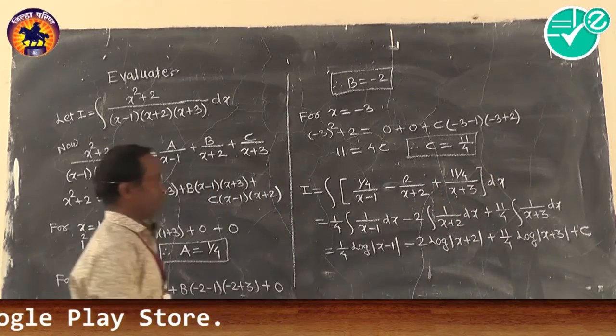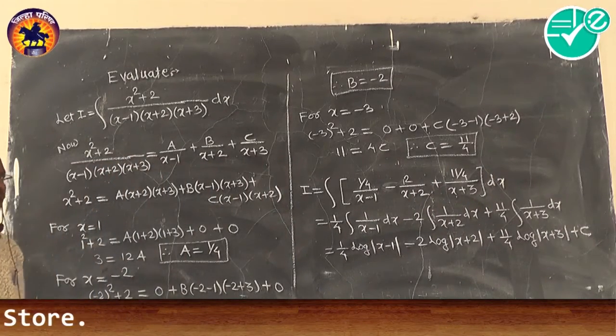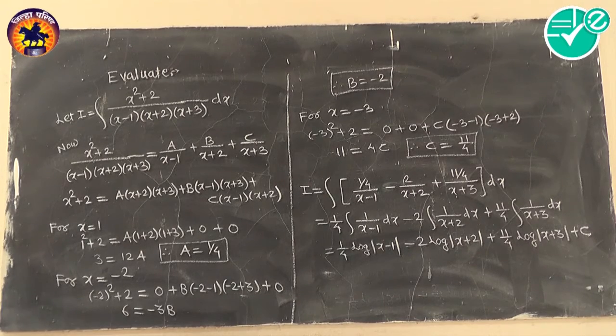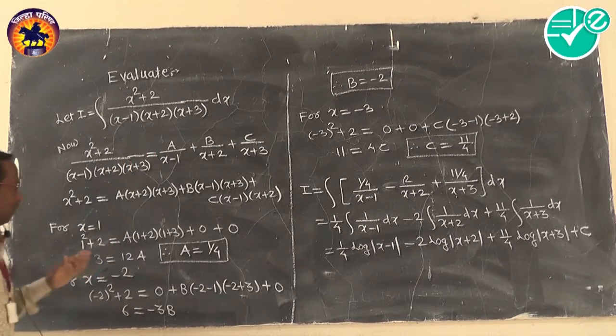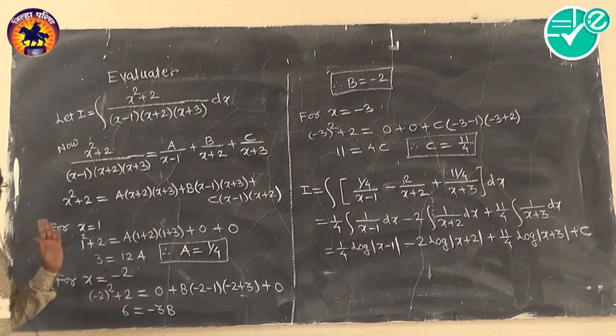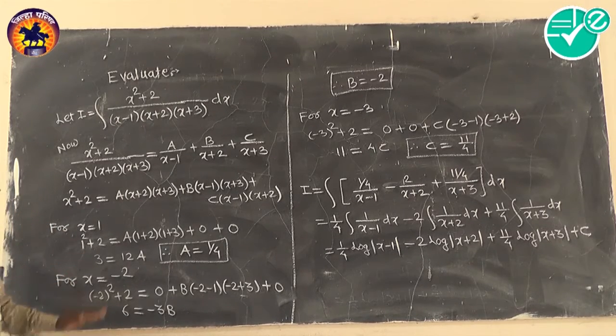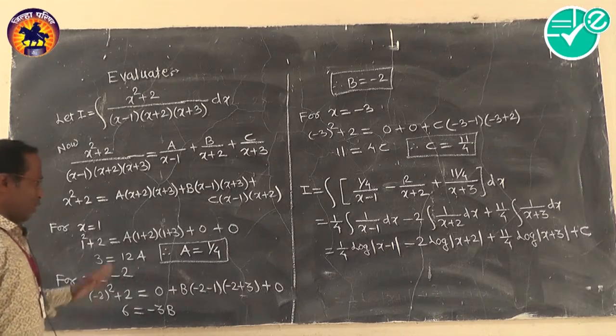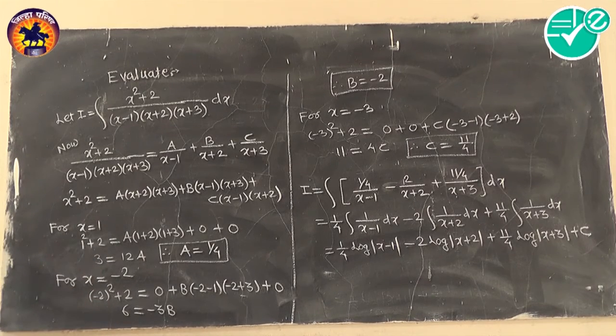So this is the integration of the given function. We can find the values of a, b, c by using this method or by using the previous method. We solved the previous example by using another method, and here we solve this example by using this method. There is also a third method.